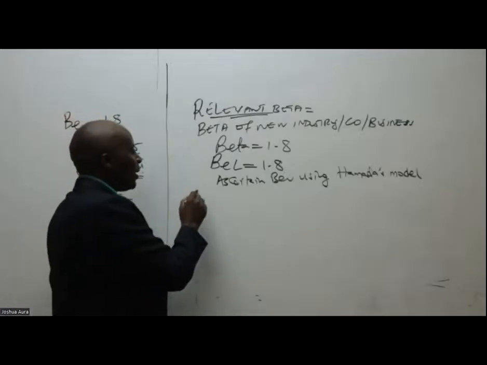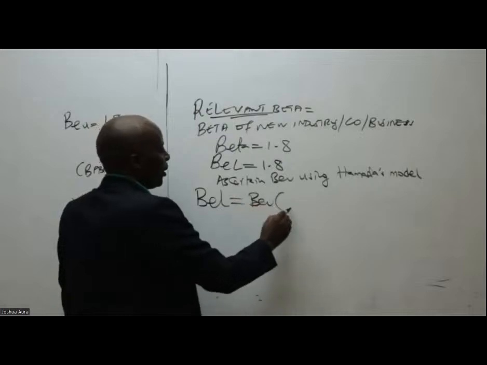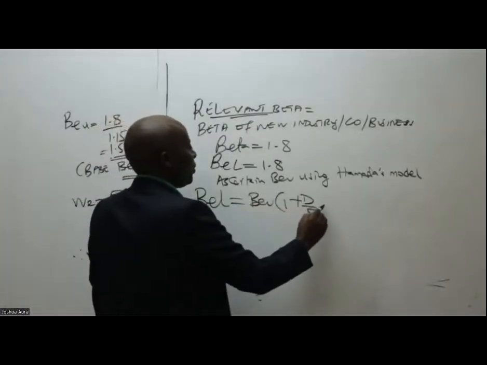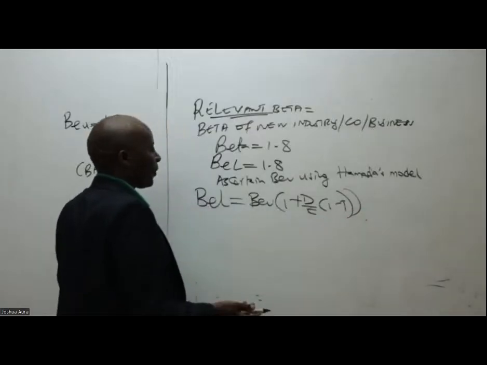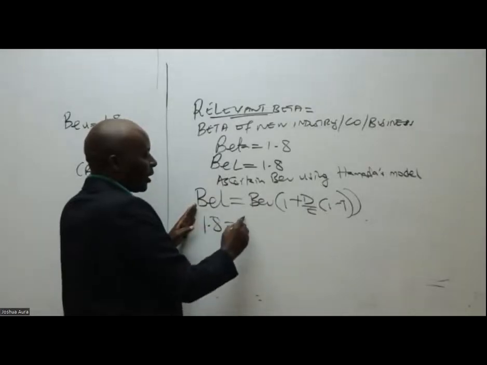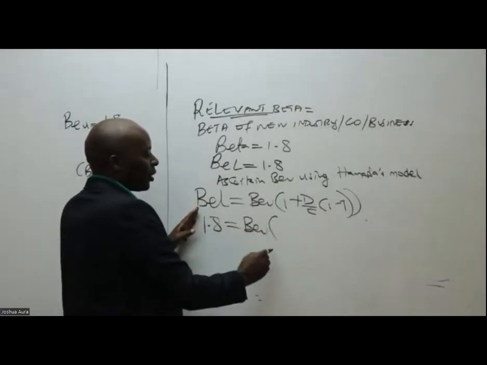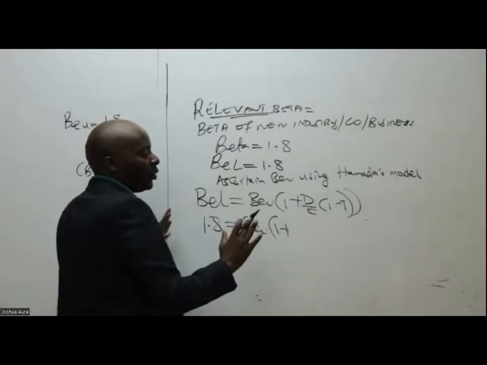This is how Hamada's model looks: BEL equals BEU times (1 plus debt to equity ratio times (1 minus tax)). Whatever we have here is our BEL, 1.8. BEU is what I'm looking for. Remember, everything here is about the new business, the new industry.